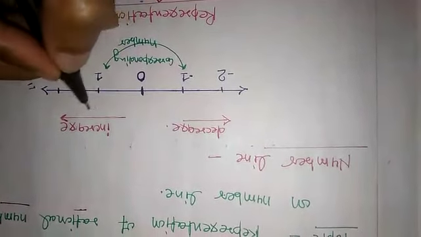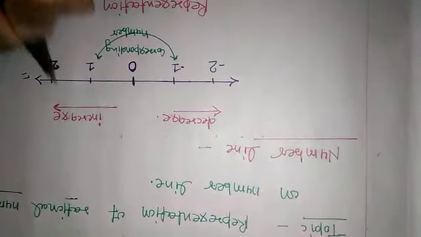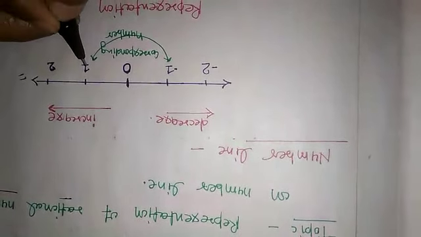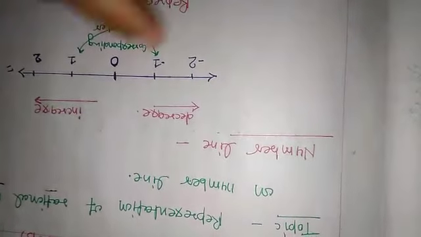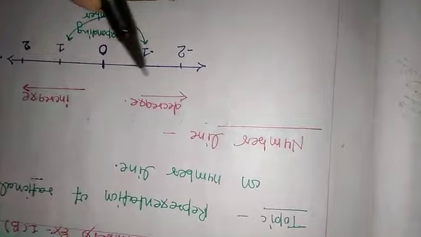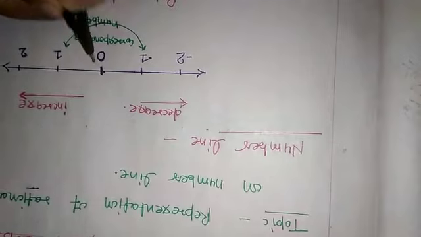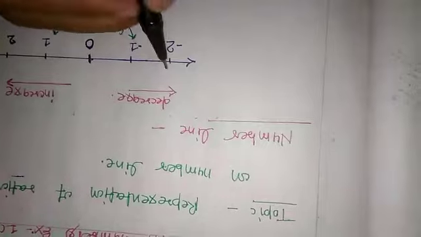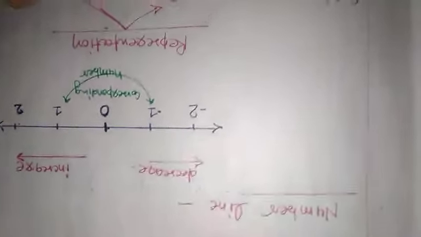If we move in the right side, the number increases, and these are the positive integers +1, +2, +3, etc. And if we move toward the left side from this midpoint, we get the decreasing numbers -1, -2, etc. This is the number line.